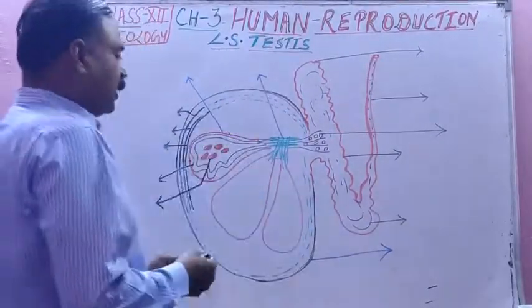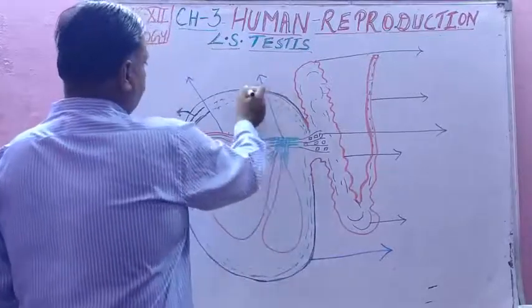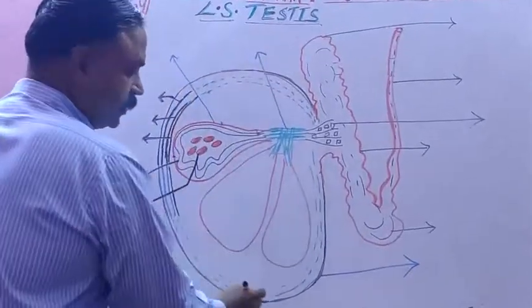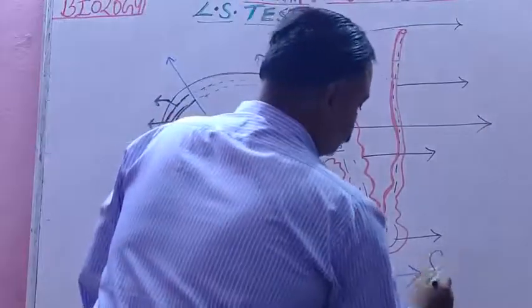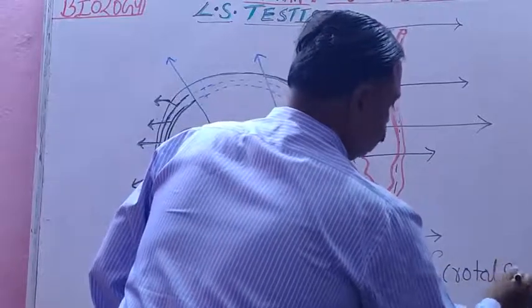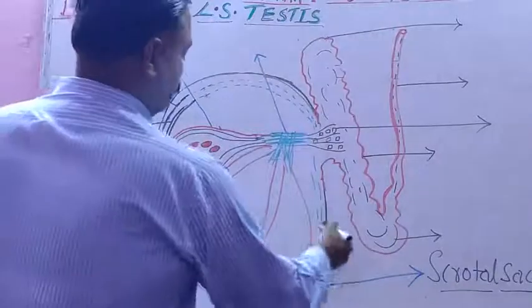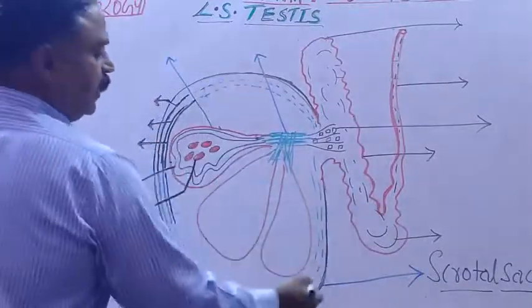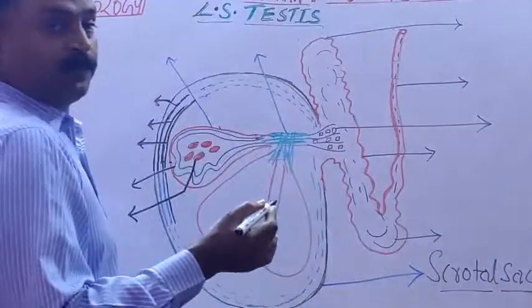Testes is protected in a sac. This black line you are observing, the outermost one, this sac is called scrotal sac or scrotum.